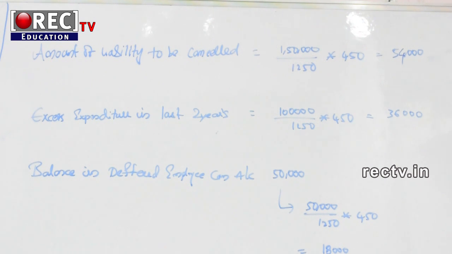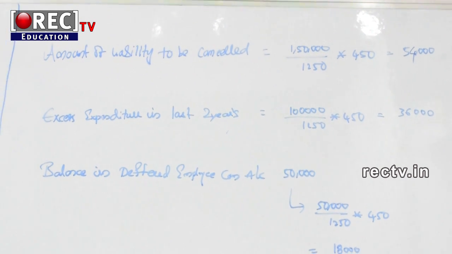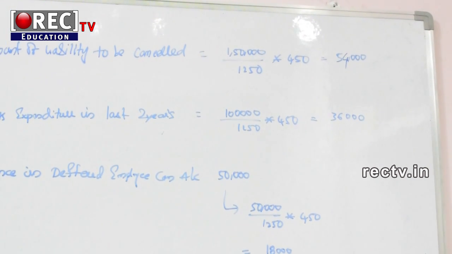The excess expenditure in the last 2 years: there is a 1 lakh expenditure for 1250 options. So what will be the amount for 450 options? That is 1 lakh divided by 1250 into 450. So the amount is 36,000.